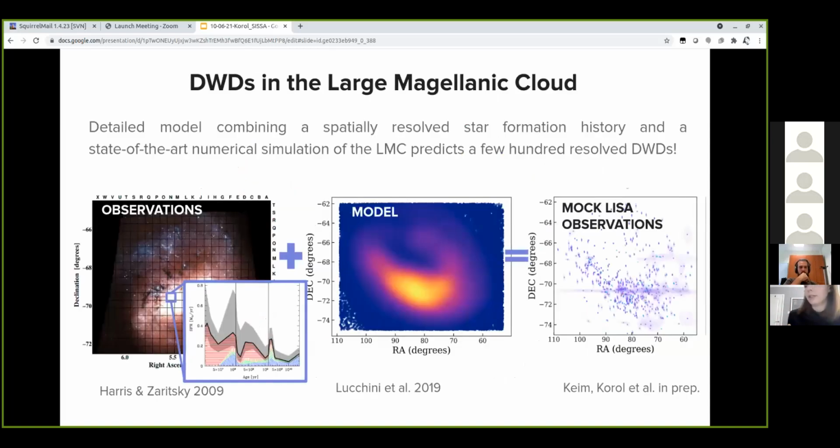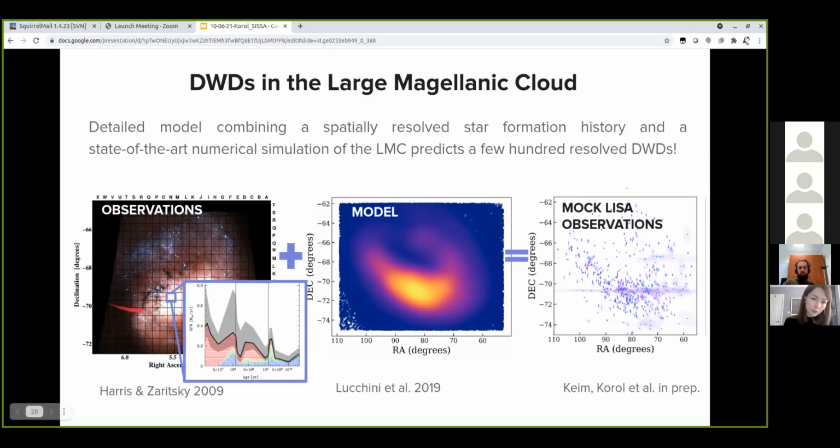So now moving into the specific Milky Way satellites, again with another master student, Michael Kane, we constructed a detailed model of the Large Magellanic Cloud. So we started with the observed plane projected star formation history of the LMC.